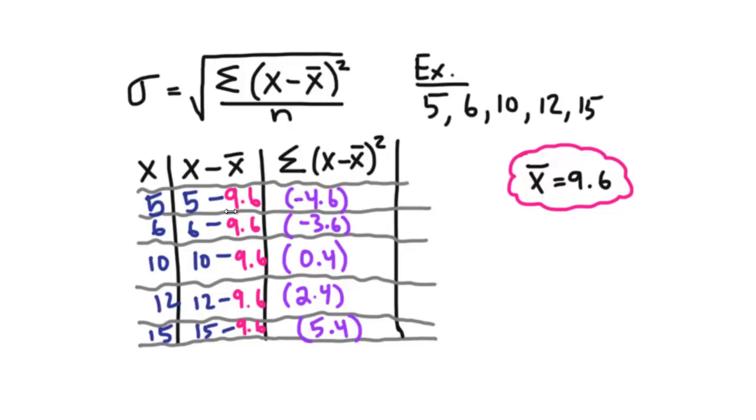Alright, the next thing we want to do after we find the answer to 5 minus 9.6, which comes out to negative 4.6, is to square it. That's what x minus x bar squared means. So let's put a squared here, and so on.